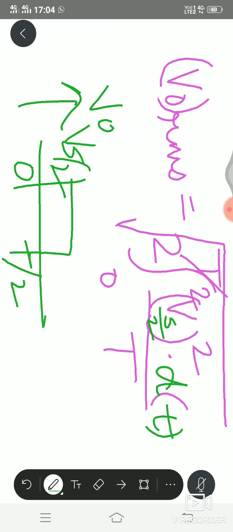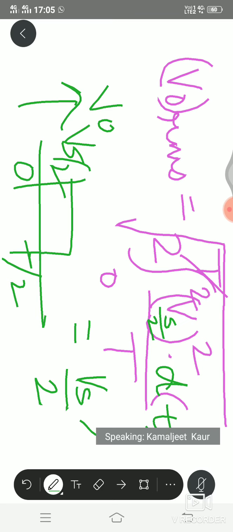Can you just integrate this one? Integrate and tell me the final answer. Is it Vs by 2? Equation 3.